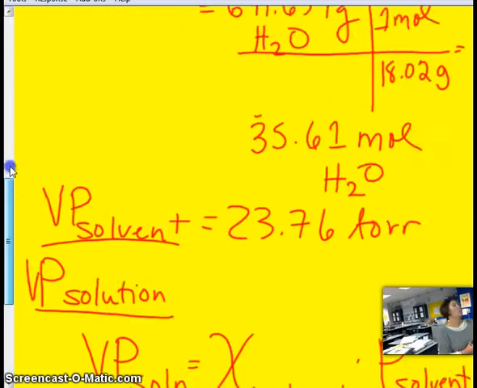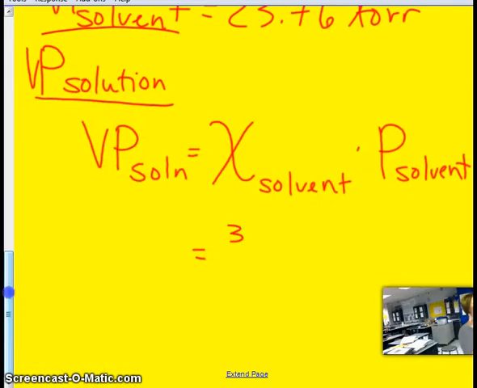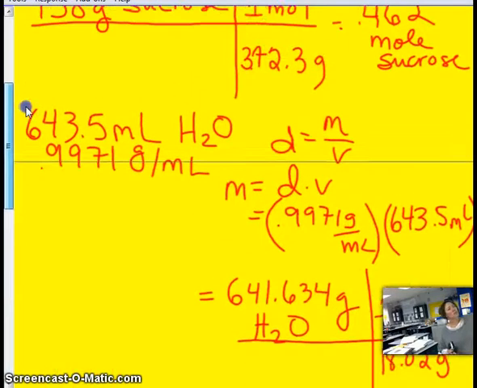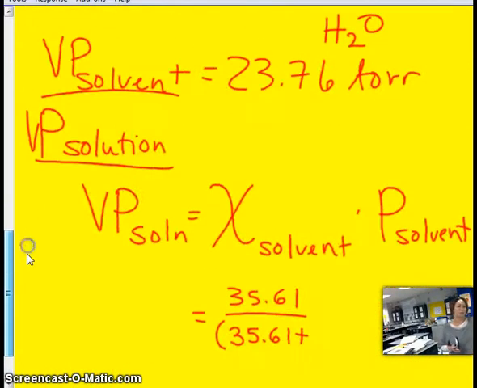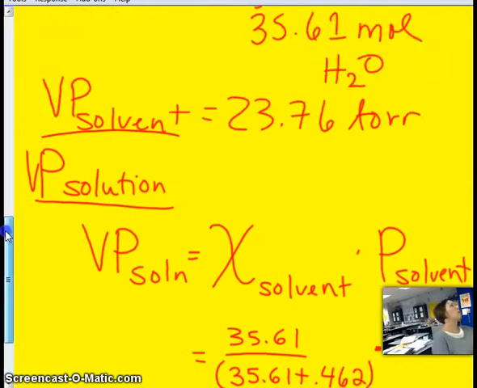So in order to get the mole fraction of the solvent, I'll put the moles of the solvent, 35.61, over the total moles, which is going to be 35.61 plus the moles of solute, 0.462. And then we'll multiply that number by the pure pressure of our solvent, which is 23.76 torr.